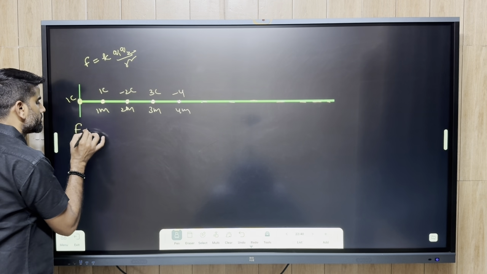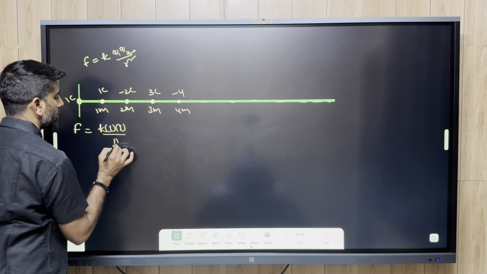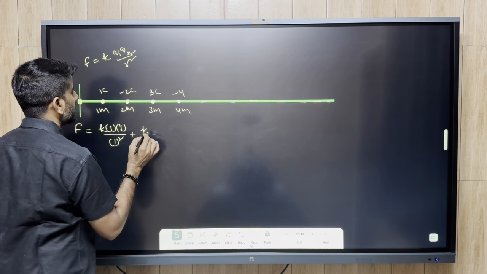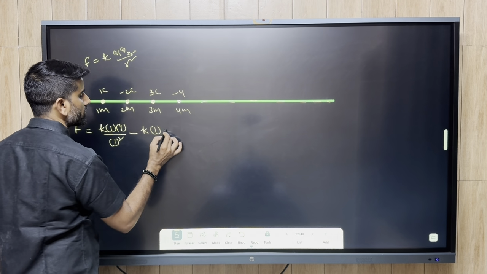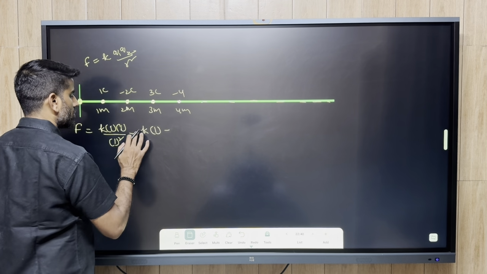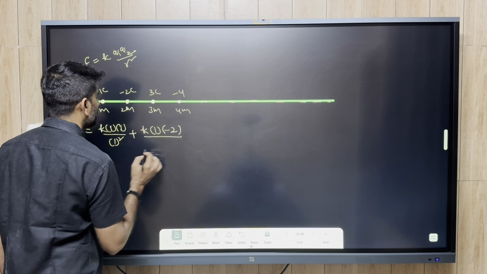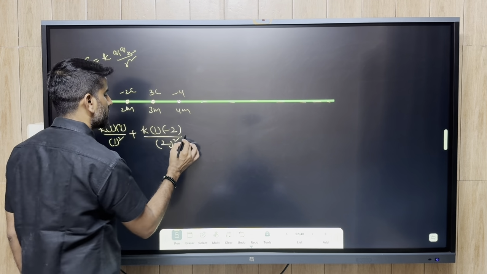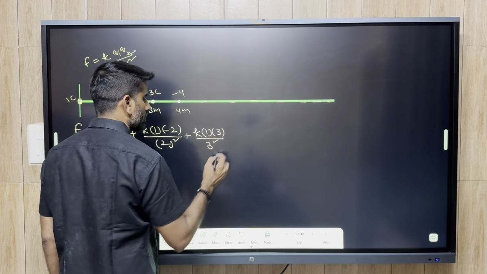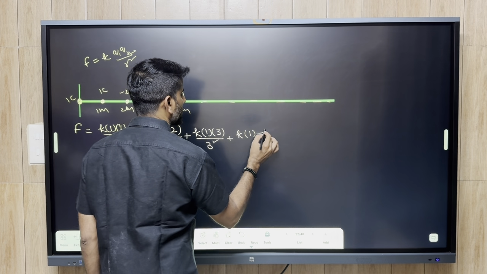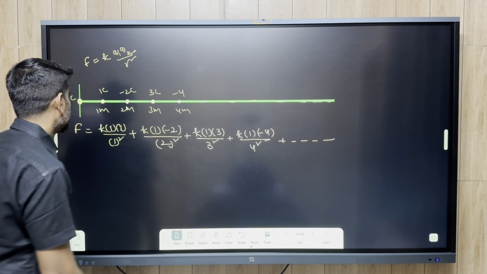So F net, force on 1 Coulomb charge, k q1 q2 by r square, minus, it should be, k q1 q2, so I can write directly as plus. I am directly using this minus 2 here, minus 2 by 2 square, plus k q1 q2 by r square plus k q1 q2 by r square plus so on.